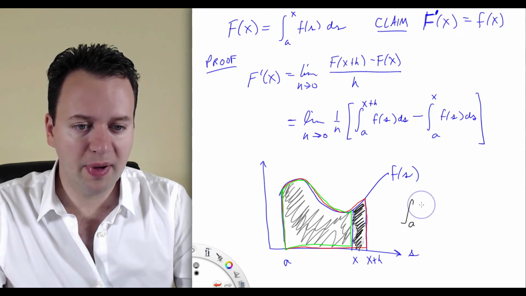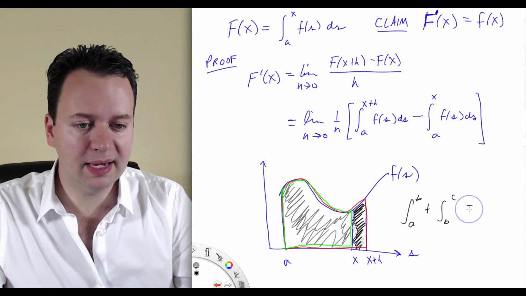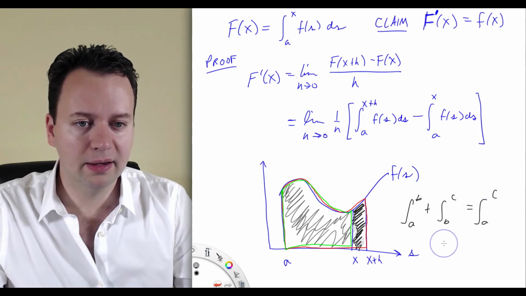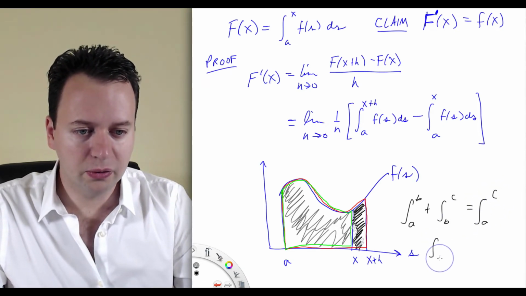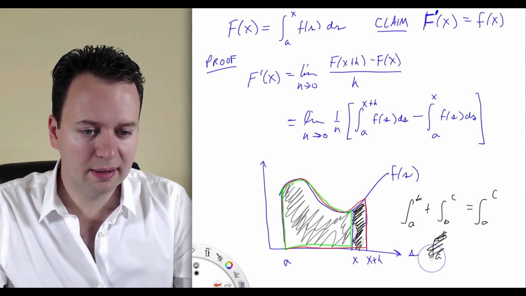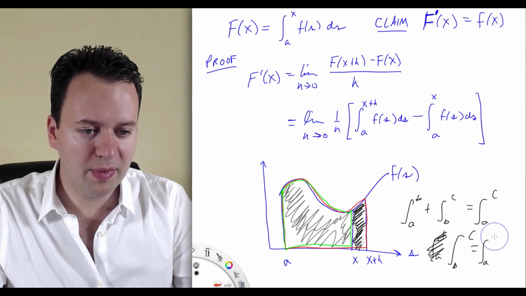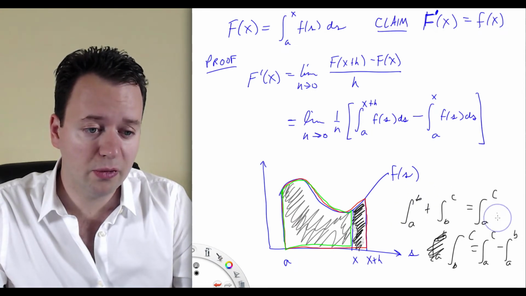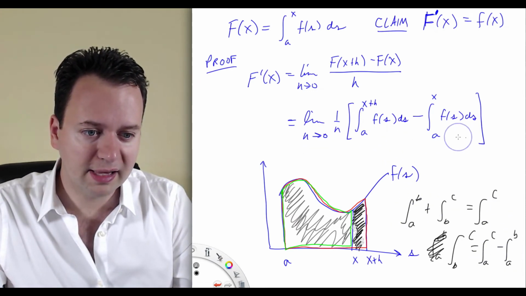So if you integrate from a to b plus the integral from b to c, that is equal to the integral from a to c. Actually, let's say the integral from b to c is just equal to the integral from a to c minus the integral from a to b. So if I subtract the integral from a to b from both sides, I get this one, and that's exactly what we have here.